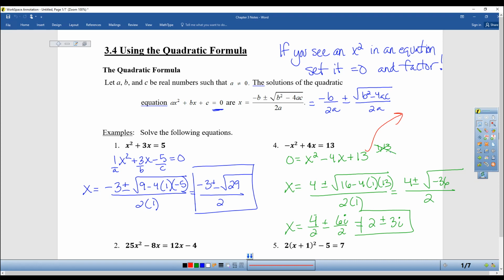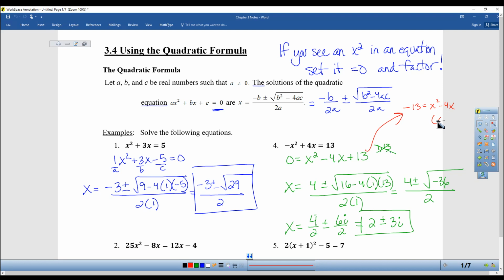Now, I do feel just a little bit compelled to show this to you as completing the square, just so you can compare now that you've seen the quadratic formula. So if this were me, I would actually move the 13 over. So negative 13 is equal to x squared minus 4x.